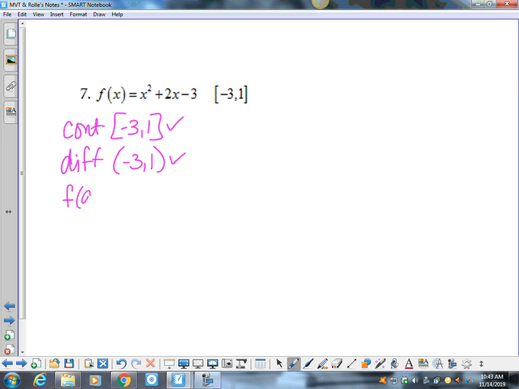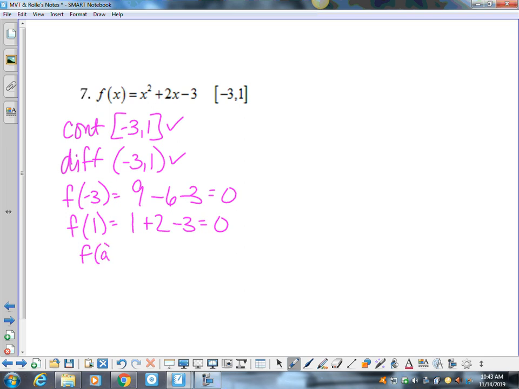And now f of a, nope, not a, f of -3, that would be 9 minus 6 minus 3, which is 0, and f of 1, which is 1 plus 2 minus 3, which is 0, and we just proved that f of a equals f of b, which again is the third condition for Rolle's.